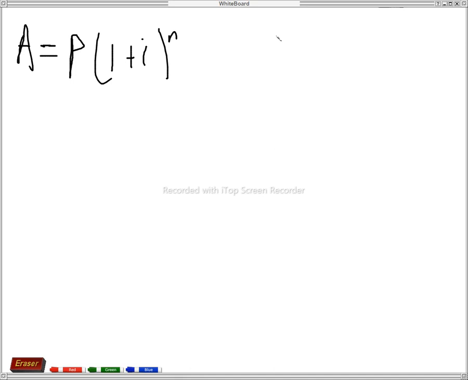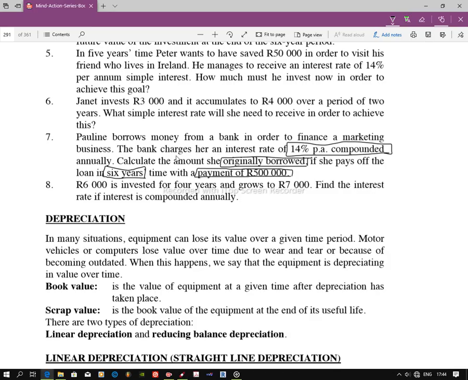You know what to do, right? 14 divided by 100, and you get 0.14, and then you already have your i there. It's no longer r. Let's go to the question again. We have 500,000 as our A, the accumulated value.